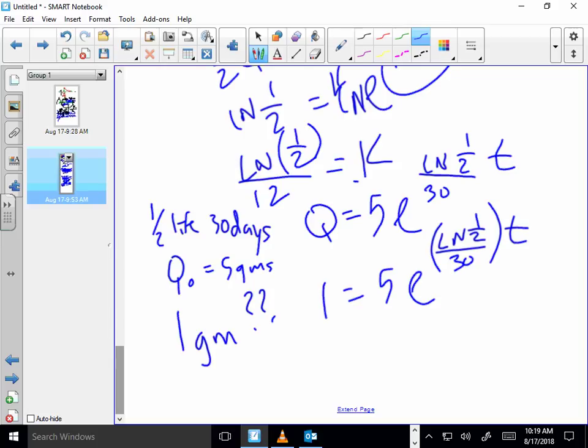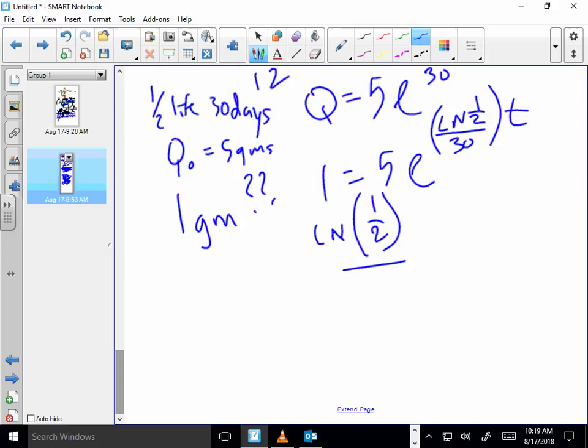Let your calculator carry this. Just type this in. Don't do the decimal rounding thing that some students do, because often they get the answers wrong. So we'd have ln of a half divided by ln of a half over 30. Oh, I'm sorry, ln of a fifth equals t.